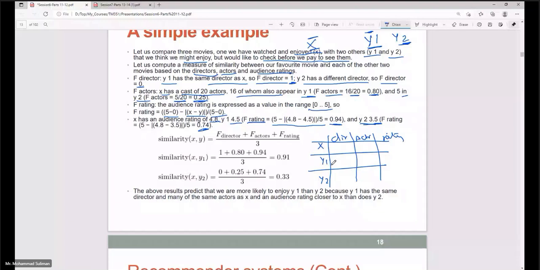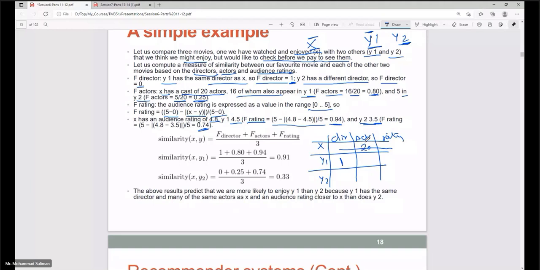And we see that of the 20 actors in X, 16 appear in Y1, so 16 divided by 20 is 0.8. The rating for Y1 is 4.5 and the rating of X is 4.8.